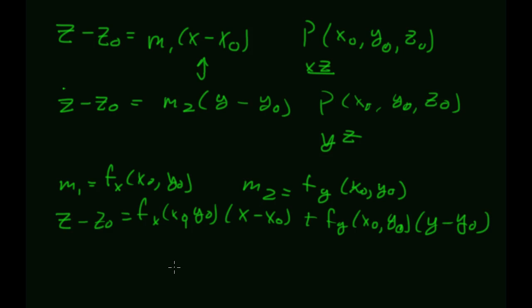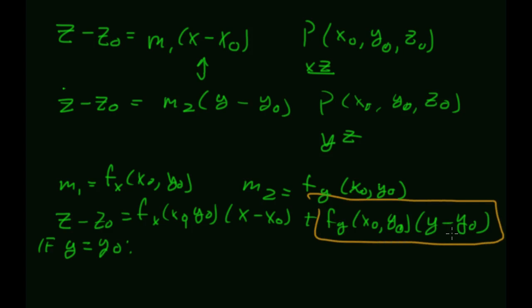All right, so let's take a look and think about this. If you force y equal to y null, then this piece here becomes 0, because y null minus y null is 0.